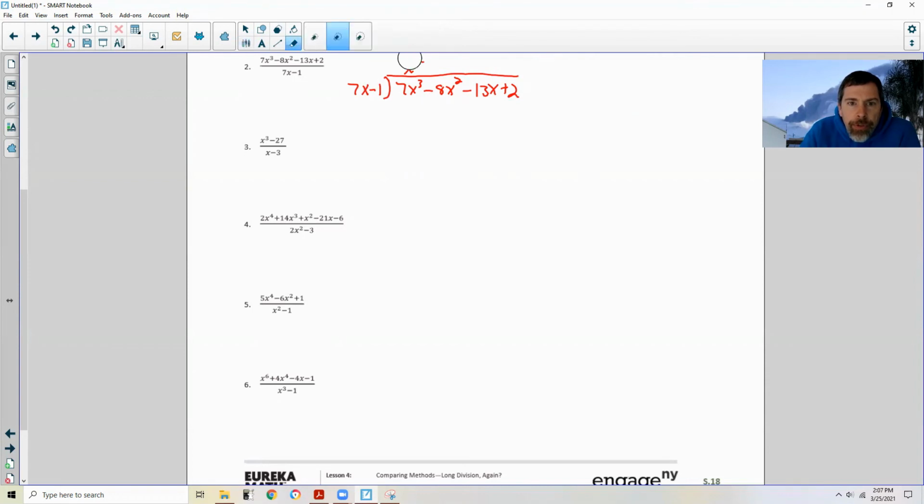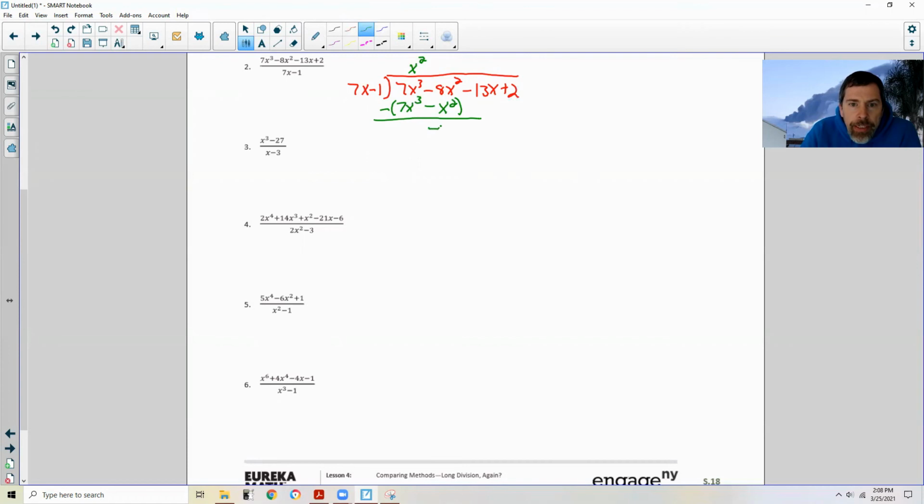Let's change the color for my answer, for my quotient. X squared. X squared times 7x is 7x cubed. X squared times a negative 1 is negative x squared. Subtract, be careful, parentheses. 7 minus 7 is 0x cubed. Negative 8 minus a negative is plus.